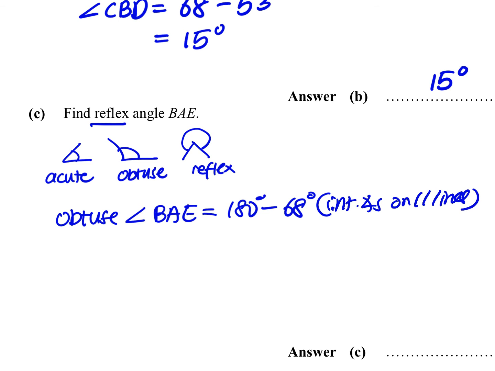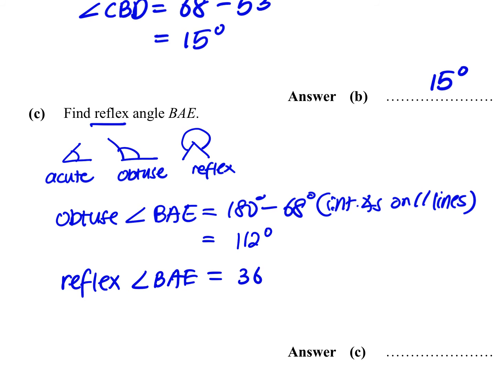I'm writing down reasons in case they ask you in the exam, but since they never ask, if you don't write, it's also okay. But of course, you write for better knowledge. 180 minus 68 gives me 112. That's the obtuse angle. So how are we going to find the reflex now? Correct. Reflex angle BAE is 360 degrees minus 112 degrees.